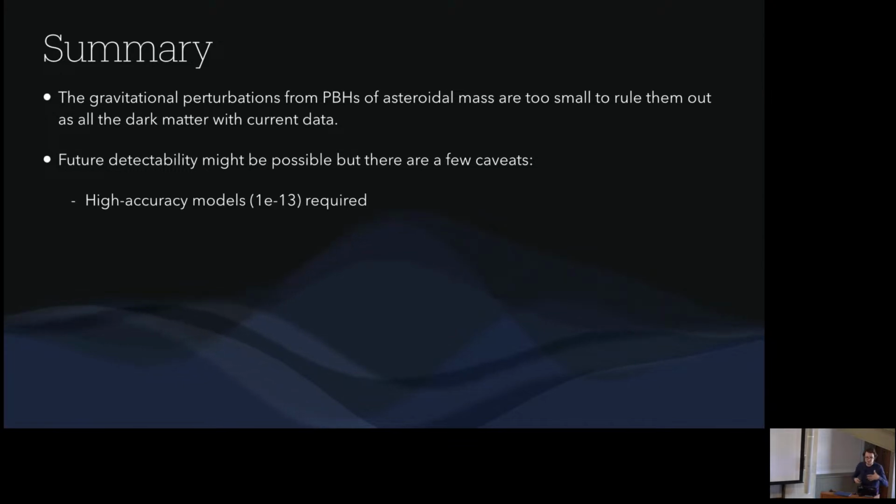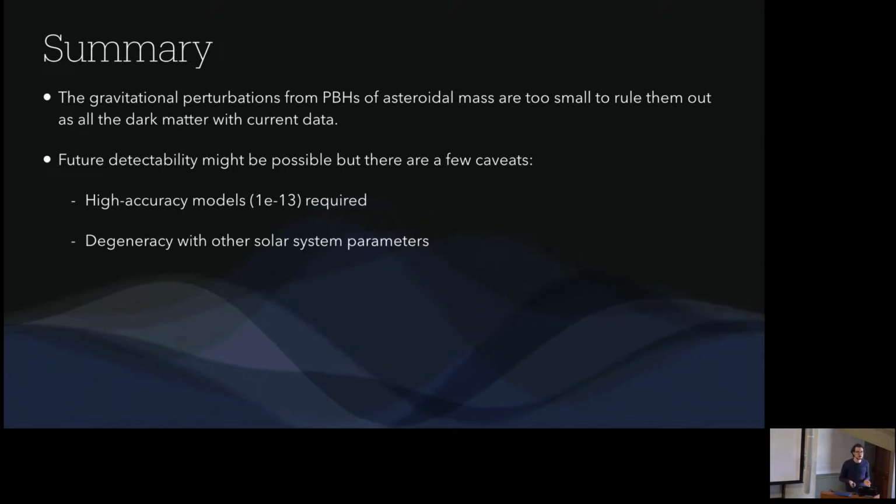For example, you need much higher accuracy models that really take into account all of the effects used for these predictions of solar system ephemerides that I mentioned briefly: relativistic effects, finite size effects, and so on. And then you need to show that the effect the PBHs produce is not strongly degenerate with other things.